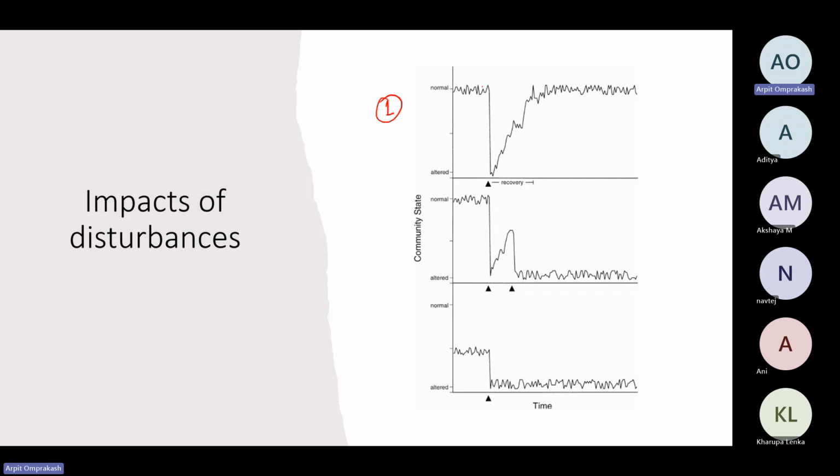Some fluctuations will occur even in the normal state. For example, if we plot the number of individuals of different species, or some metric of that, it would keep fluctuating, but around some given value. That given value is the normal value, and of course there will be some fluctuations.